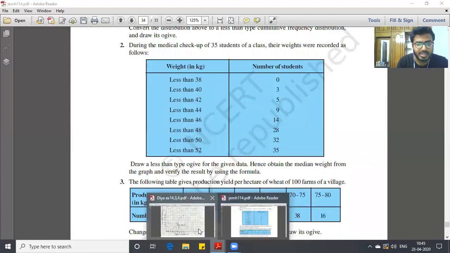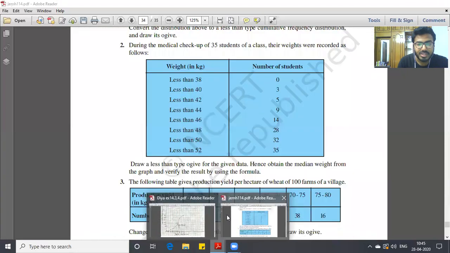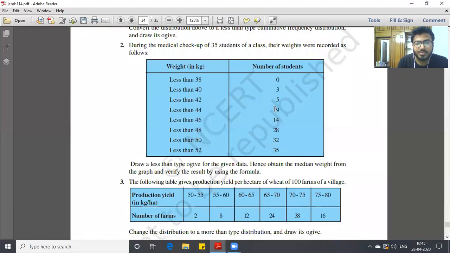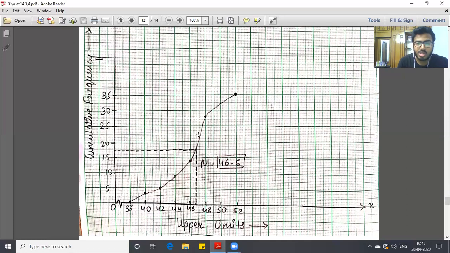We take 40, mark it, and 3 is here: 0 to 5, so 3 will be between 2 and 4 marks. So 40 and 3. In the same way, 42 and 5, 44 and 9. We take 42 and mark 5 here, and accordingly you mark all the points.